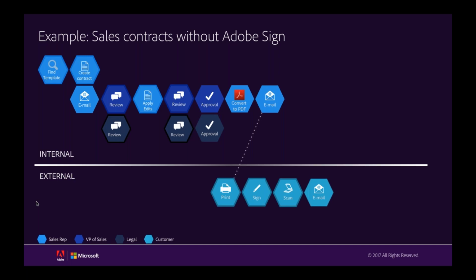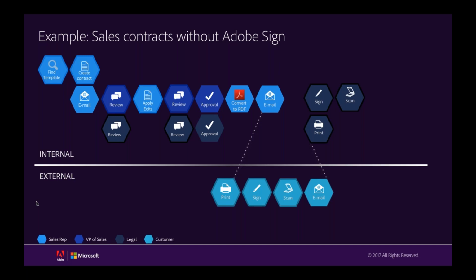Well, the customer is having to print this, may or may not need to review and send things back, but then signing it, then scanning a copy of that and emailing it back to the company. And then the company is printing that and signing it and scanning it to get to a digital copy.